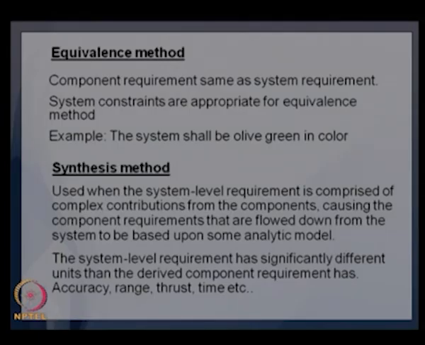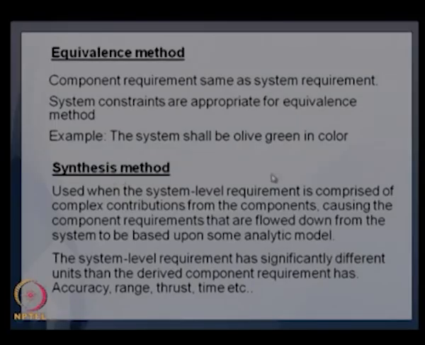So, in these cases the requirement at the system level is given in one unit, but the components are in different units. So, we need some kind of mathematical modeling or an analytical method to allocate these system wide requirements to components. So there we go for the synthesis method. There are different synthesis methods, we will see them at a later stage, but this is one of the important methods by which we allocate the system wide requirements.